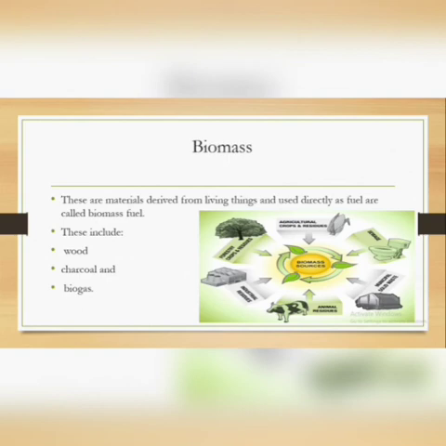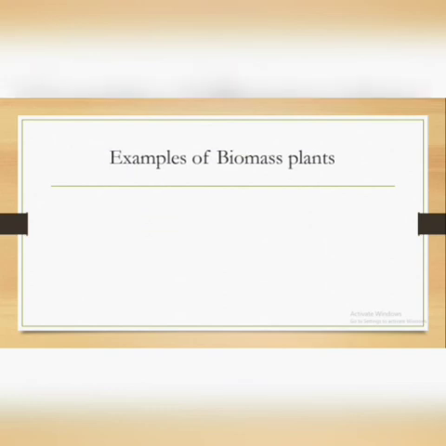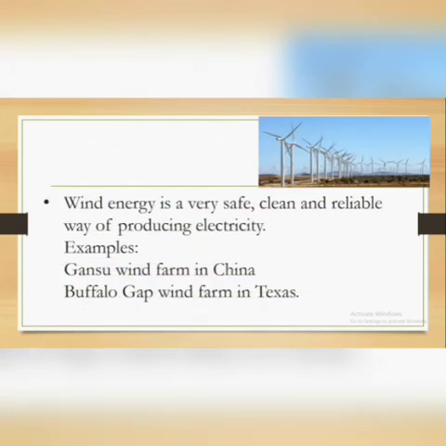We can use those things as biomass to generate electricity or as a source of energy. Examples of biomass plants: we have Toppila in Finland, Polaniec in Poland, and Ironbridge in the UK, and so on.